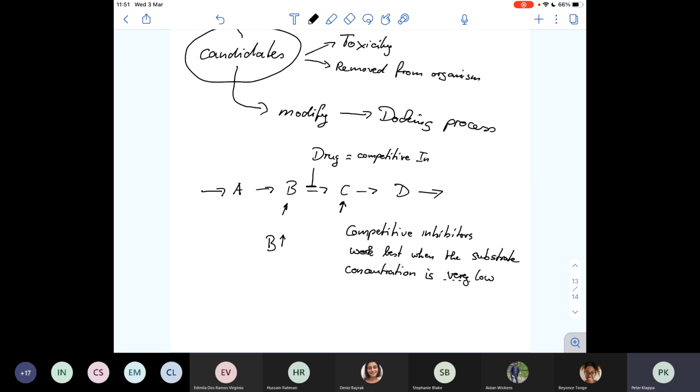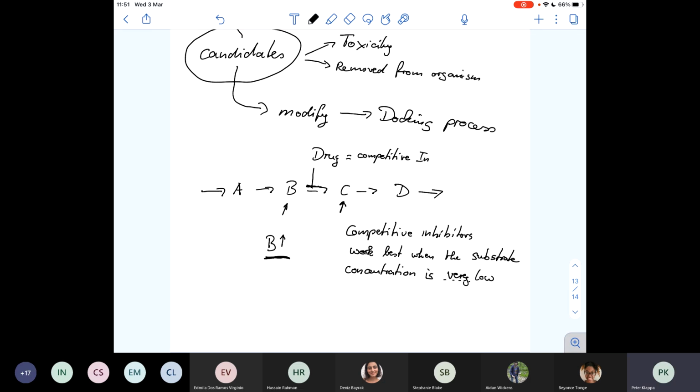But in this case, by adding the drug, you see what happens here. And B is our substrate here. The substrate concentration goes up. Do you see the problem?